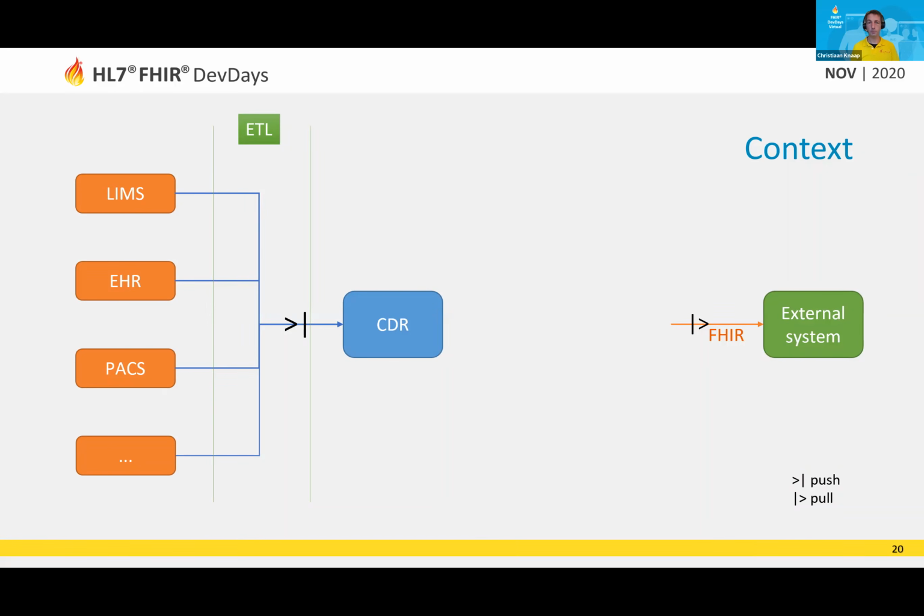Let's say whether the data is pushed, like here from the source systems into the CDR, or whether it's being pulled out of it, like the external system is doing through the FHIR RESTful interface. I quickly name the FHIR RESTful interface. There is a separate session fully devoted to that tomorrow by Abel Enthoven.